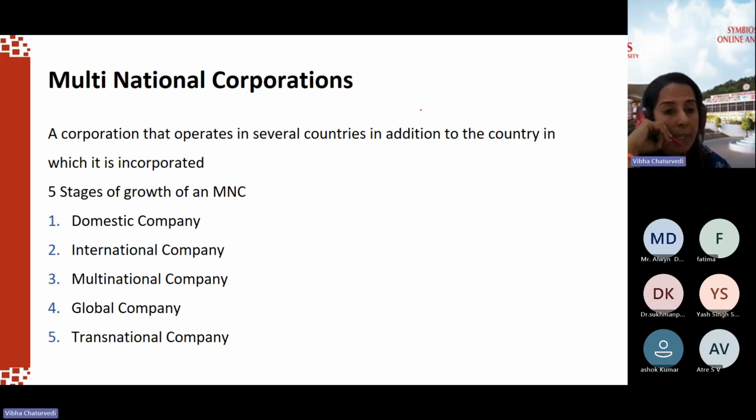Now, transnational organization. Transnational is to think globally and act locally. That is the motive of a transnational organization. These are very complicated. They have a geocentric approach, different from polycentric, which means that you have to forget about ethnocentricity.